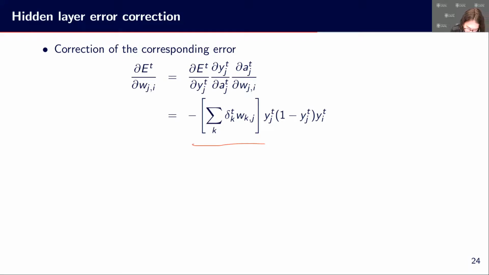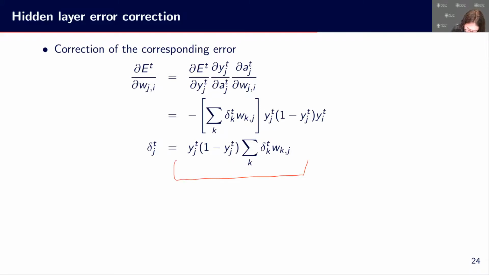So it's minus summation over all the neurons of the next layer, delta KT WKJ times this thing, which is basic stuff coming from what we developed so far. And as such, what we can state, we can simply put that for that hidden layer, the delta GT is corresponding to this. So it's basically all this here.